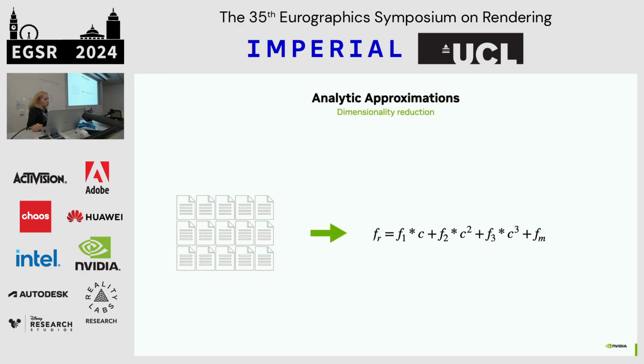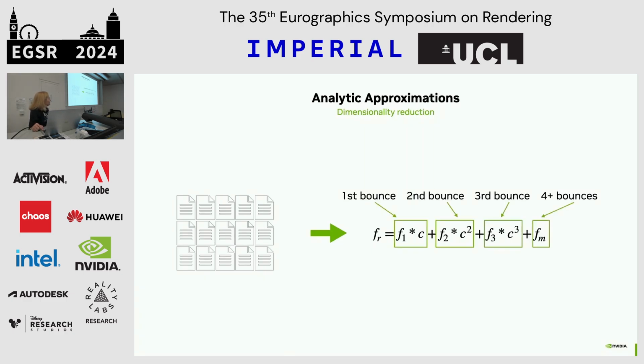And everyone who has ever done approximations knows that the secret to a good approximation is you reduce dimensionality. So the fewer dimensions you have, the better your approximation, no, the easier your approximation is. In our specific case, we don't try to fit the entire BRDF. We are trying to split it up in different bounces.